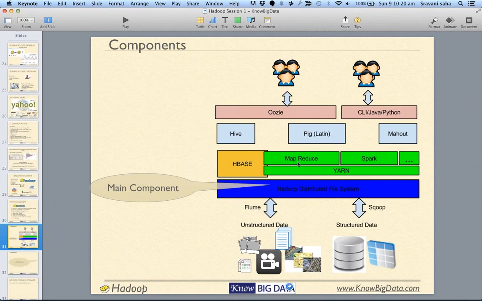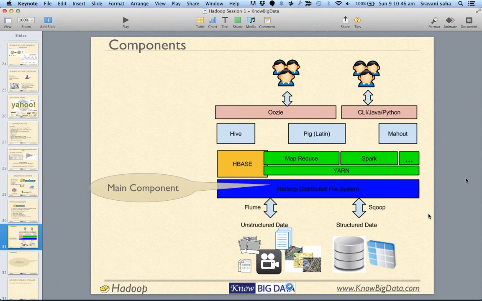MapReduce is based on Google MapReduce paper, and HBase is based on Google Bigtable. So they started with these three components as part of Hadoop, but slowly they have built a full ecosystem of components, the full suite of components. So Hadoop as of today is this. It contains so many components.